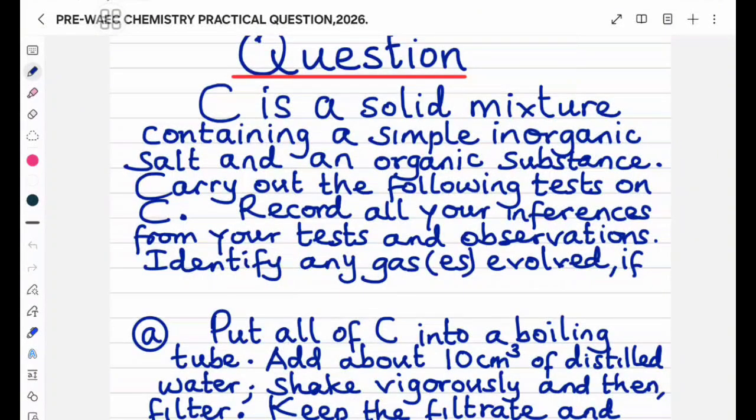So here sample C contains one simple inorganic salt and one organic substance mixed together, to be analyzed so as to identify those substances in the sample.